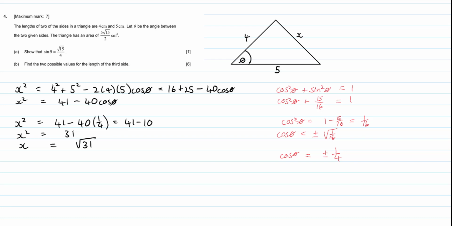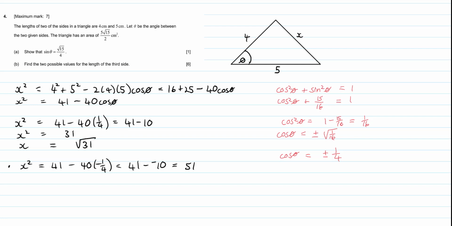So now we'll just substitute in our other value for cos theta, which was negative 1 over 4. So we're going to get x squared is equal to 41 minus 40 times negative 1 over 4, which is going to be 41 plus 10, which is equal to 51.